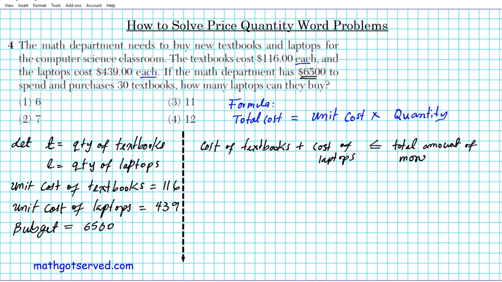The total amount of money you have to spend is also known as your budget. You can't spend money that you don't have, okay? So you spend less than or equal to that target amount.